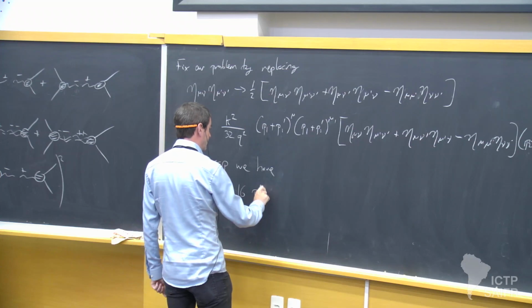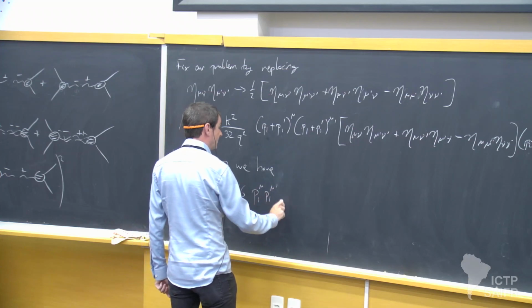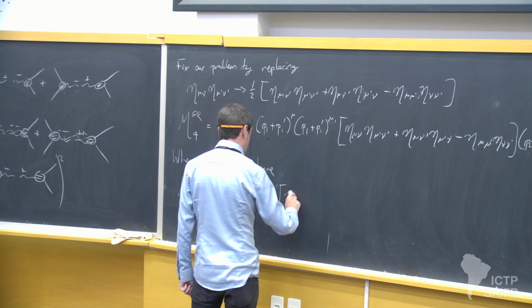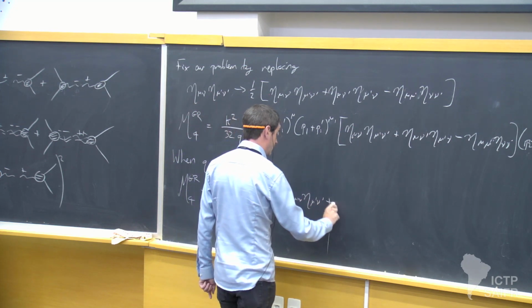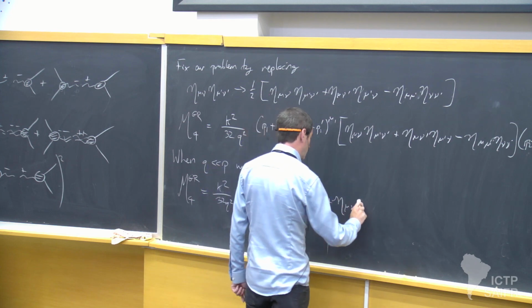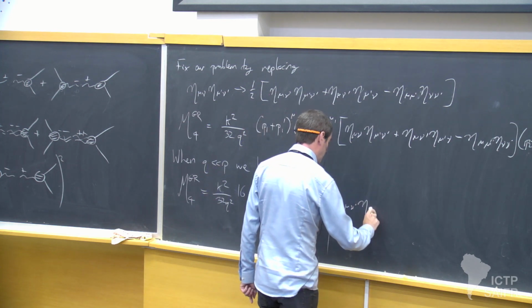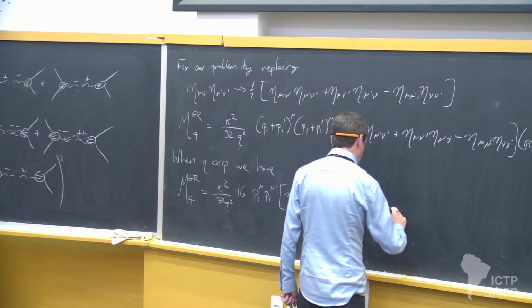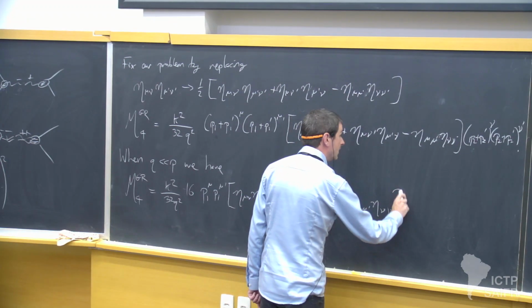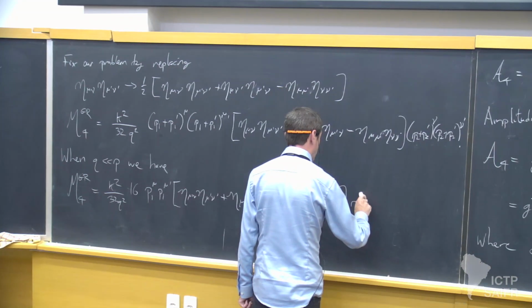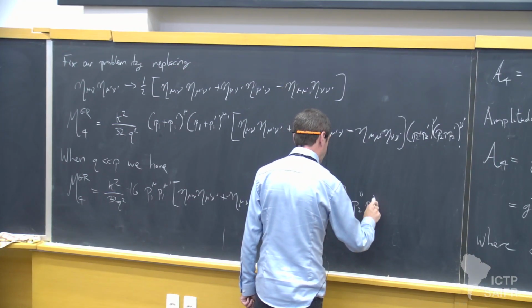So then this will be just P1 mu prime. This dot product still. Mu prime plus eta mu prime, eta mu prime nu, minus eta mu prime, eta nu prime, P2 nu prime.